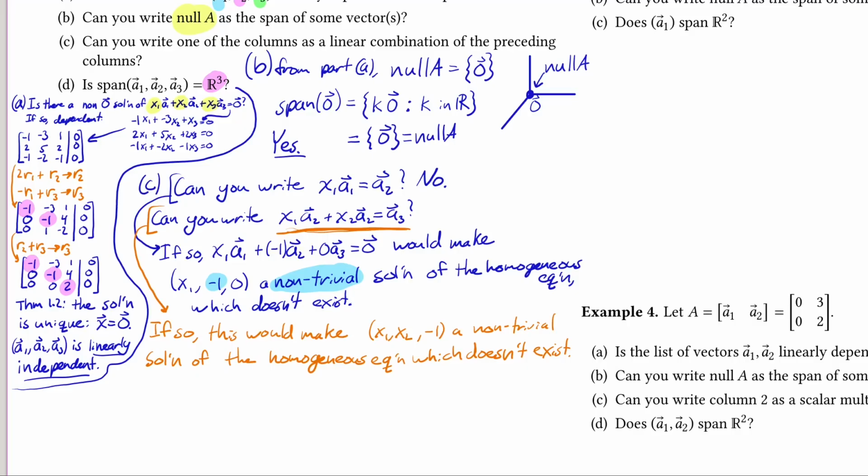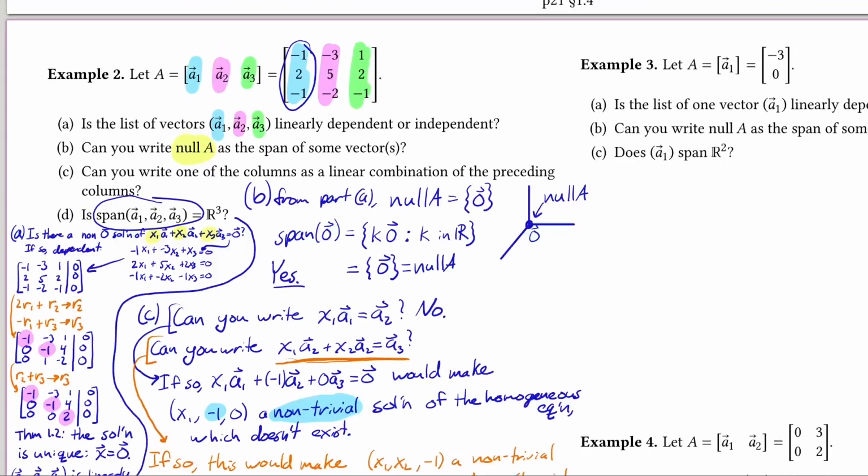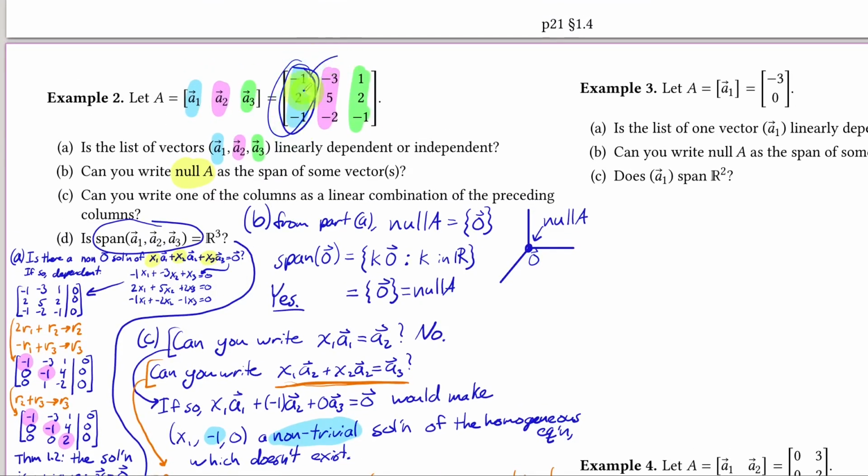What about part D? Is the span of A1, A2, A3 equal to R3? We know every linear combination of A1, A2, A3 is definitely an R3 vector because we're combining these R3 vectors together to get another R3 vector.